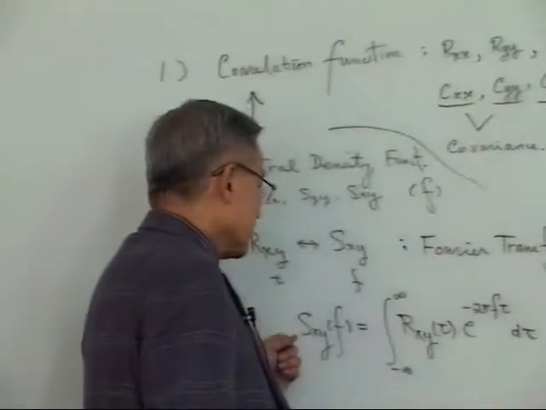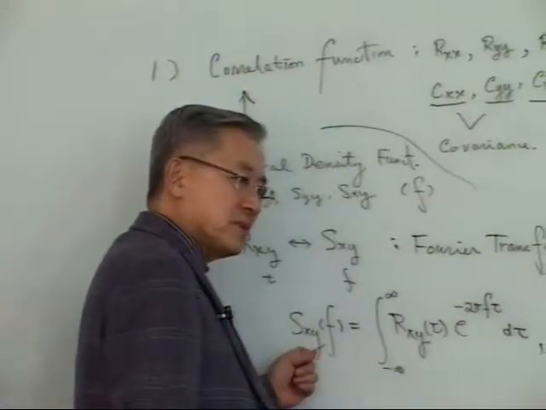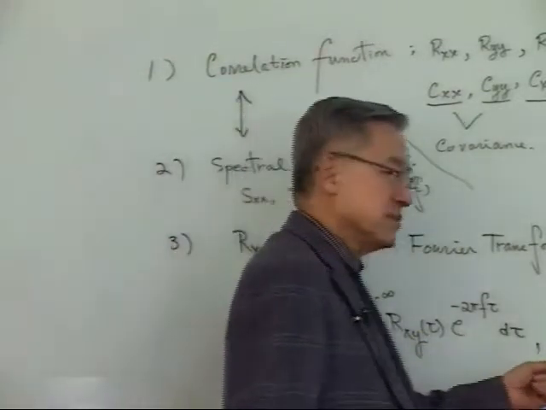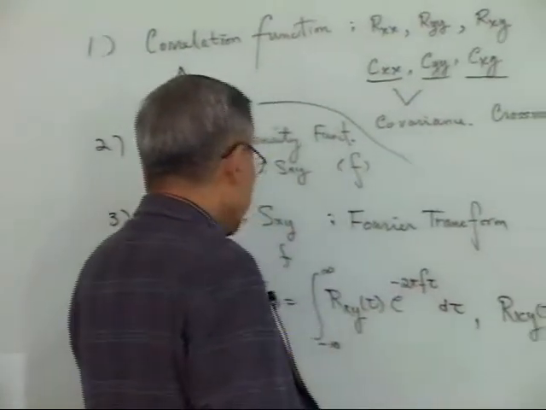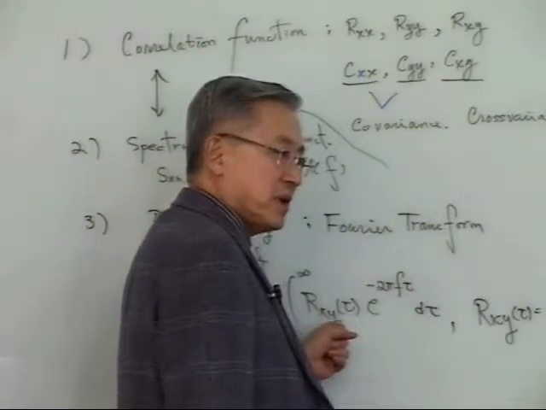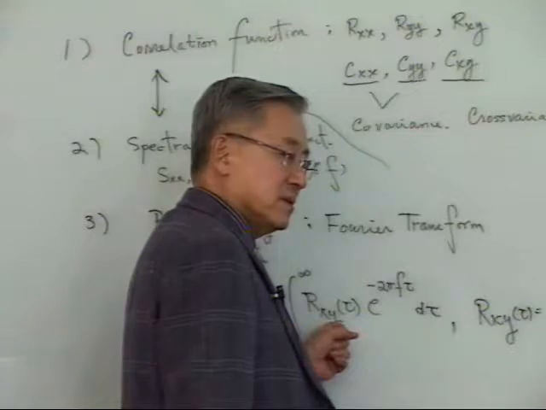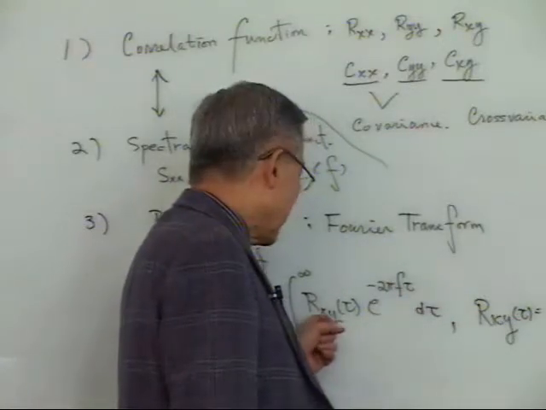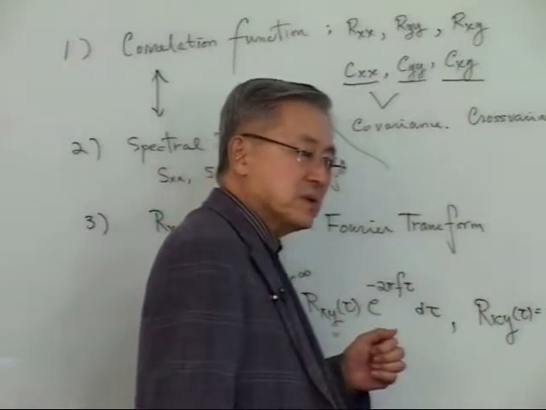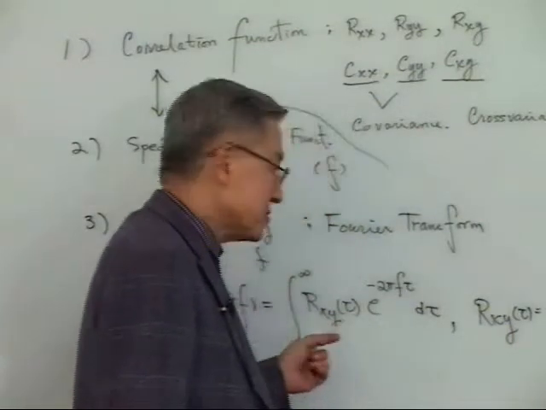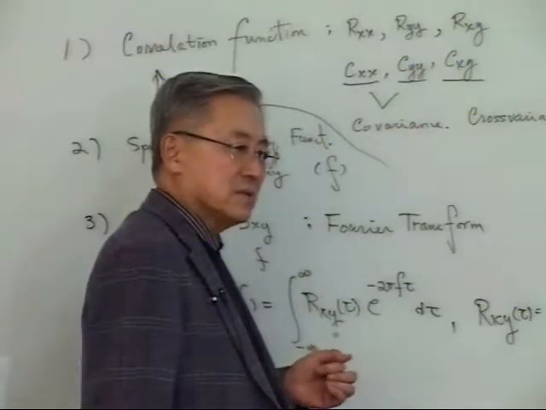And before 1966, to get the spectral function, this is exactly what they did. First, they got this in the time domain. They developed a classical way to compute the Rxy, then took a Fourier transform exactly like this.